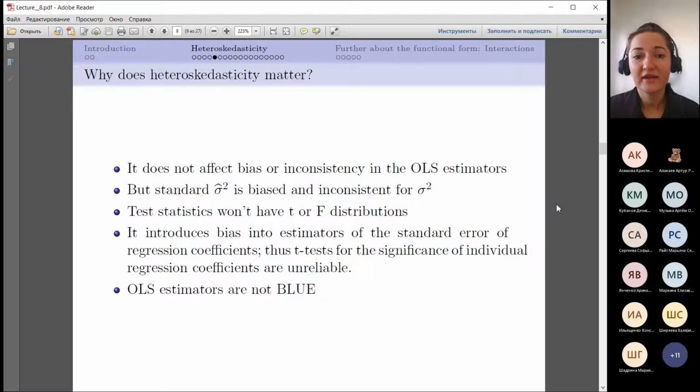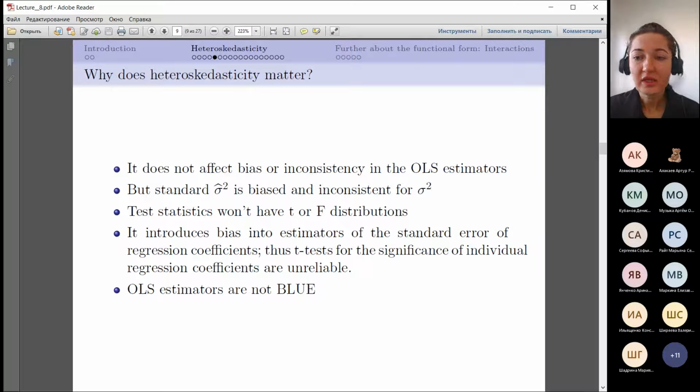But again, as in the multicollinearity example, the problem will be with the variance of your coefficients, or with the standard errors of your coefficients.